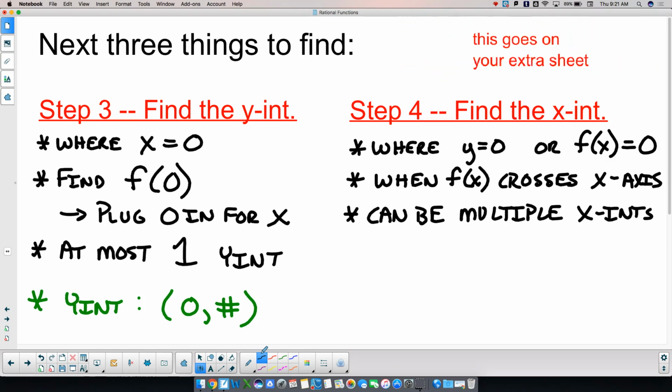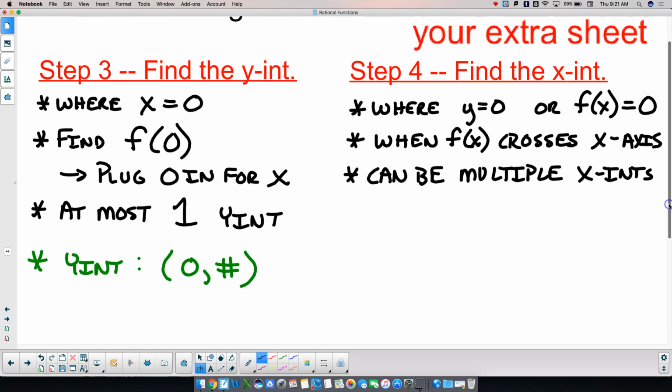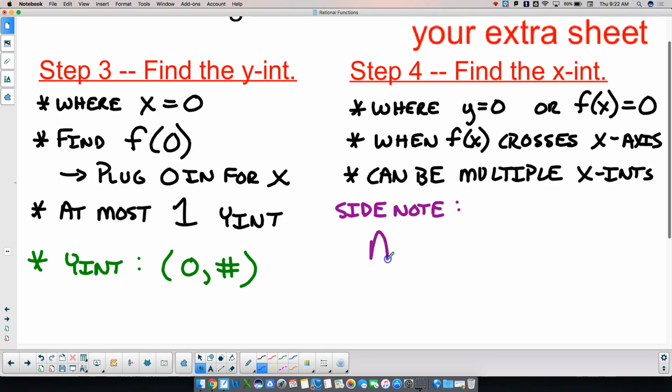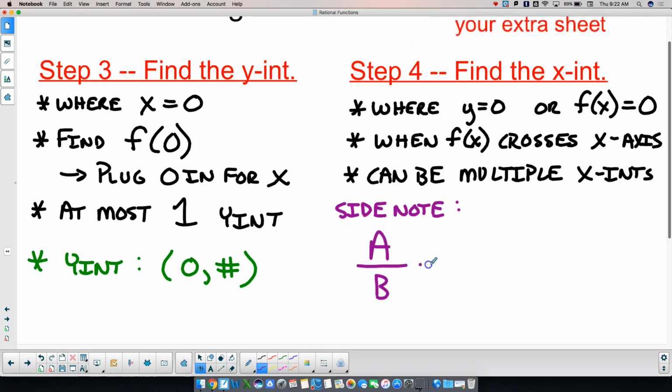A little side note, a little number sense, if you will. If I have a fraction a over b, and that is equal to 0, what has to be true? If a divided by b is equal to 0, what has to be true? Either a or b is 0. Can b be 0?